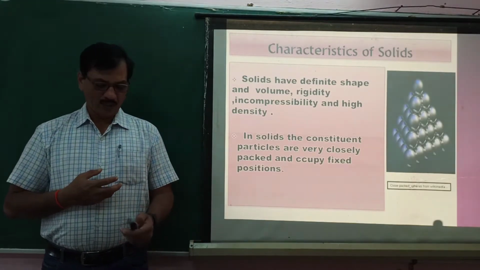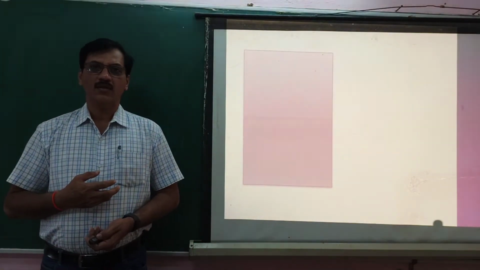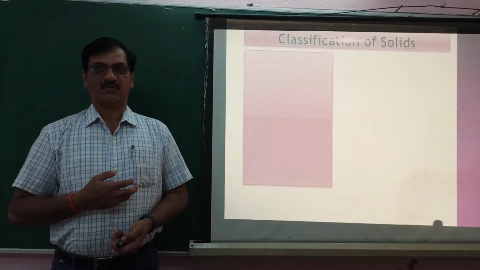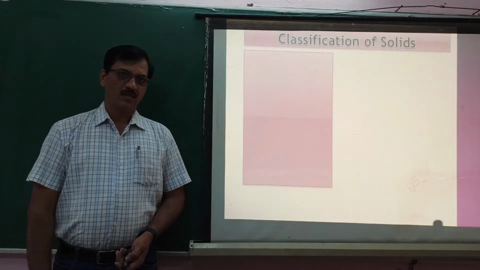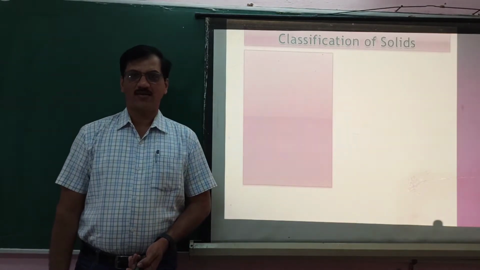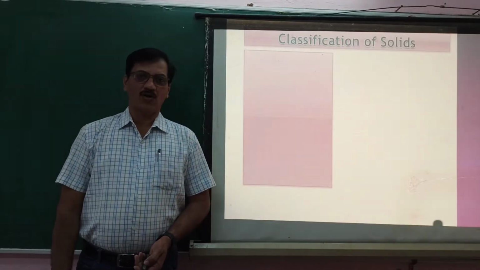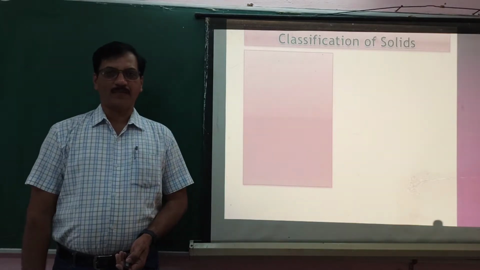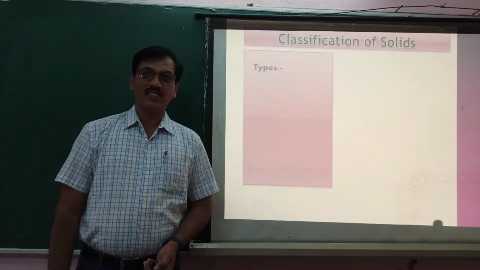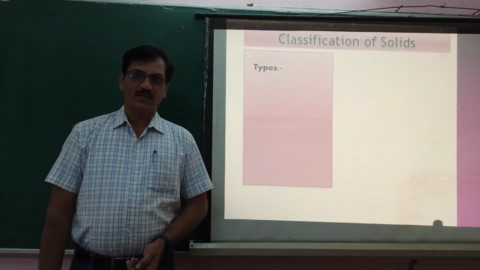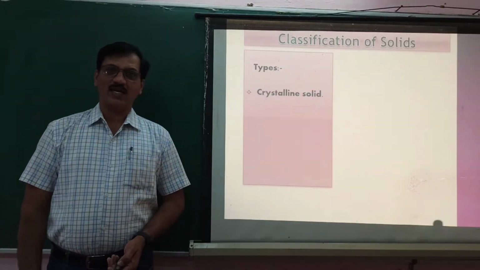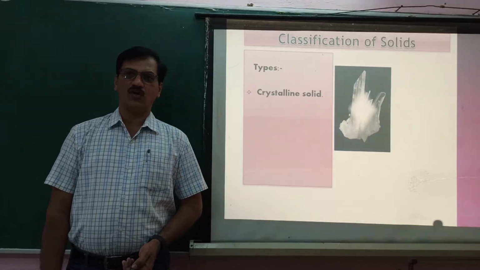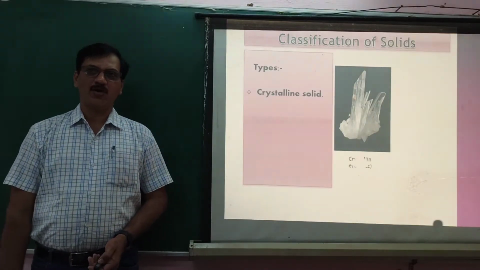Now, what are the different kinds of solids that we can have? Some solids deviate from the important property like arrangement. So we can classify solids into crystalline solids and amorphous solids.